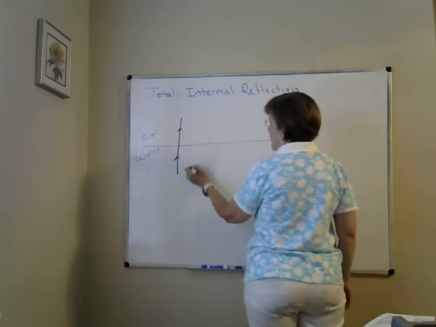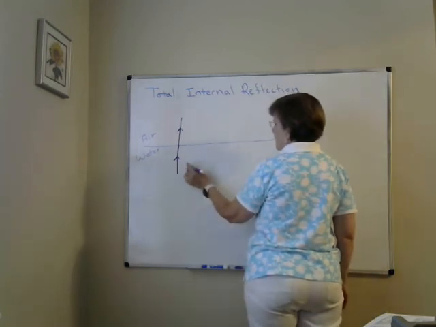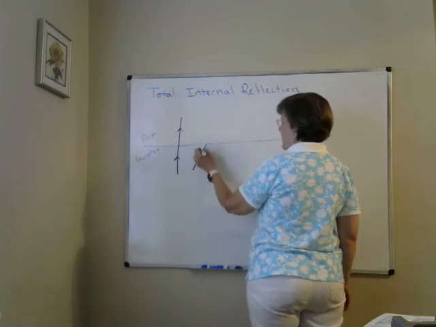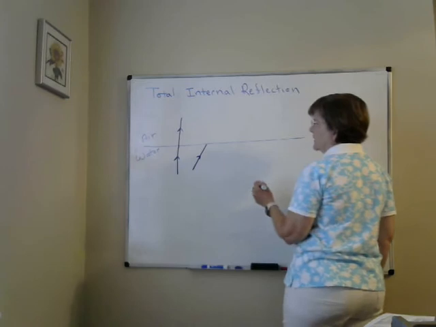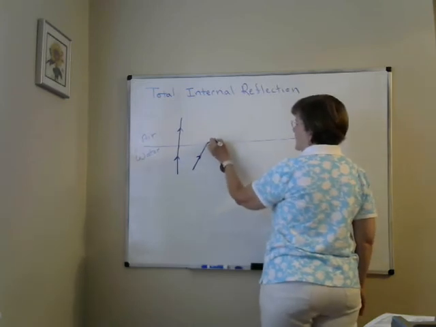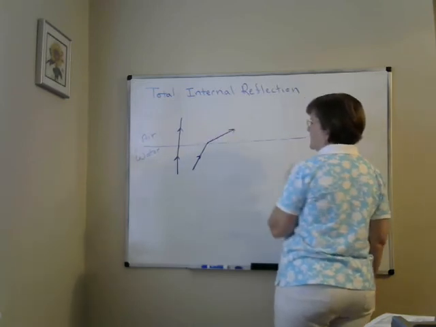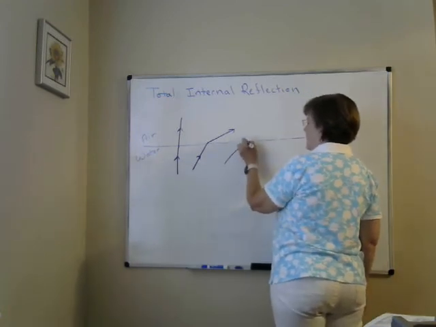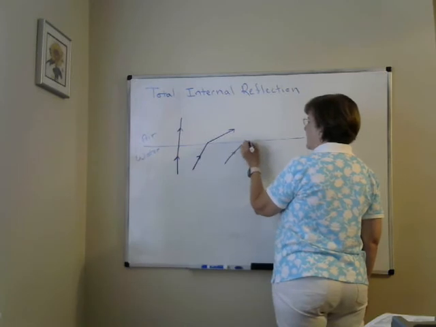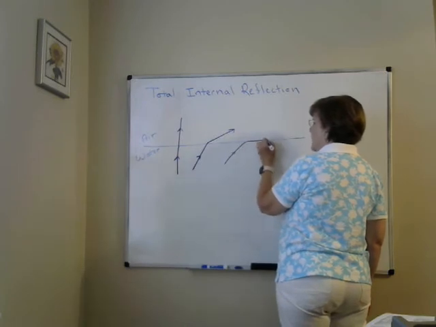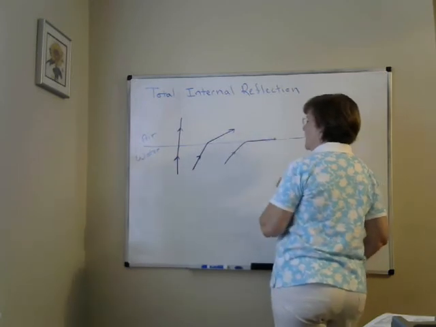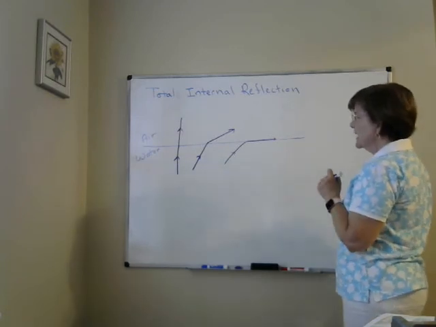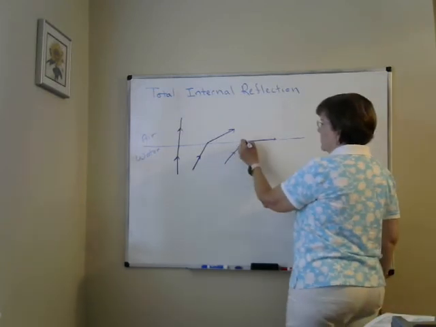But if I shine it at an angle, remember, if it's going into something less dense, when it refracts, it bends. If I come in at a bigger angle, it may bend until it reaches that 90-degree mark. This point where it reaches this 90-degree mark is called the critical angle.